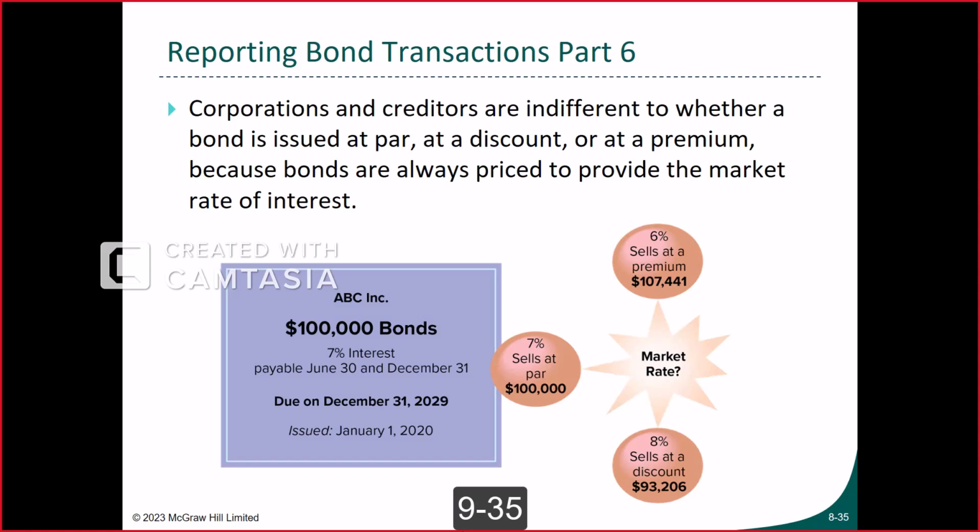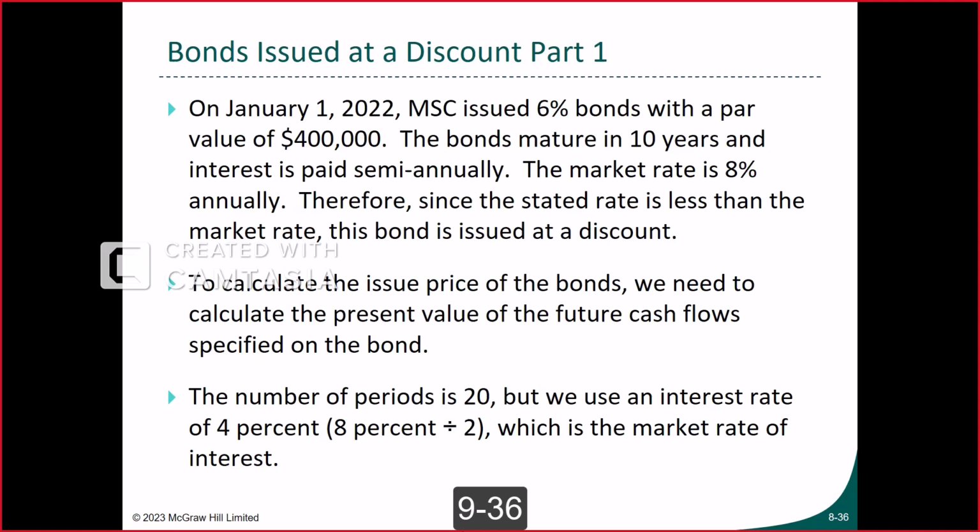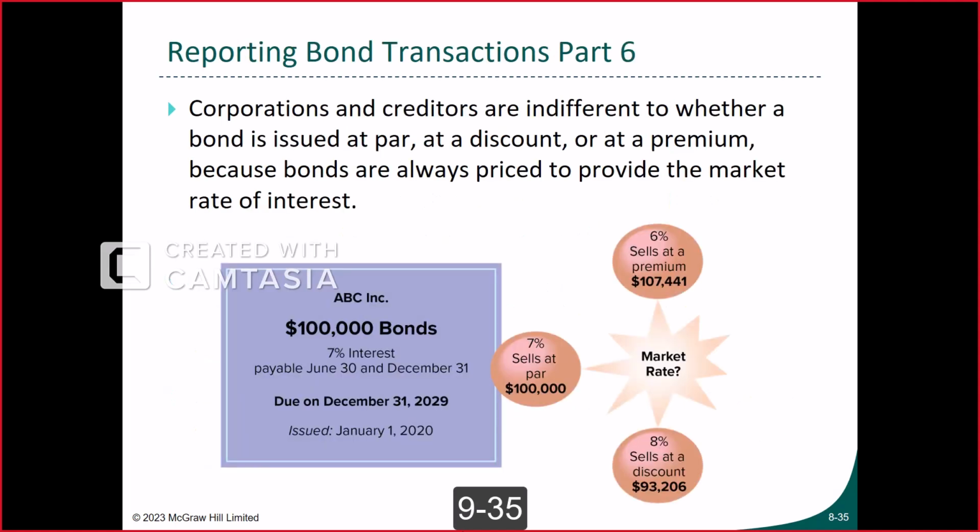Okay, very good, thank you. So now, how to account for all of this, and where does this number come from? Why, when the market rate is 6% and the coupon rate is 7% and the bonds are 100,000, does it end with 107,000? That is not a random amount. That is very well calculated using the present value calculation. With this data, if the market rate is 6%, you are going to collect 107,441.